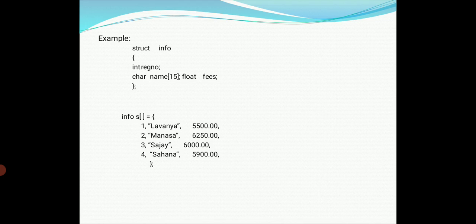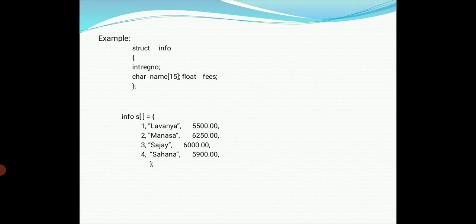So 1, 2, 3, 4 are the register numbers. The names of the students, or the names in the information, are Lavanya, Manasa, Sanjay, Sahana. Then 5500, 6250, 6000 and 5900. These are all the fees data members of the structure info.